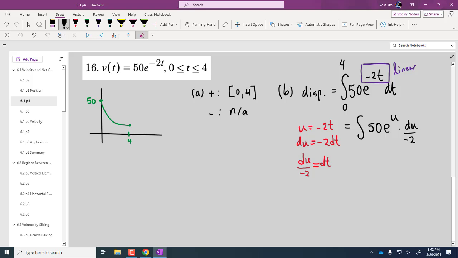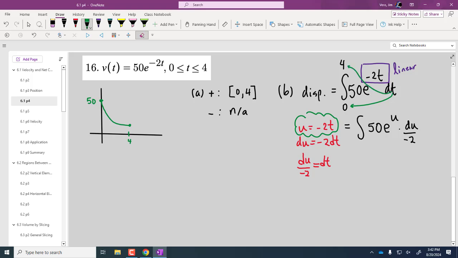And then for our limits of integration, we also have to do a little bit of changing. This equation right here exchanges t's for u's. If you plug in a t, you get a u. It relates t with u. Up here, this says when t is 0 and when t is 4.